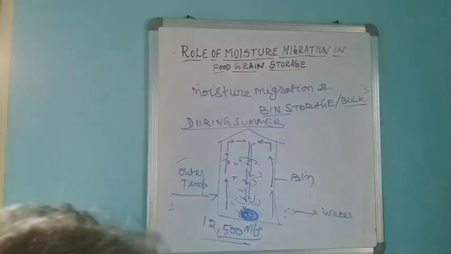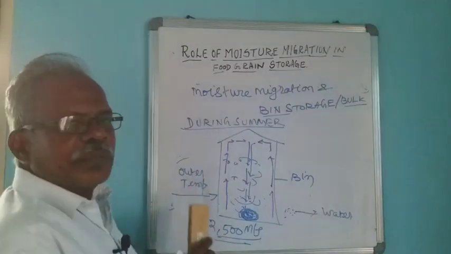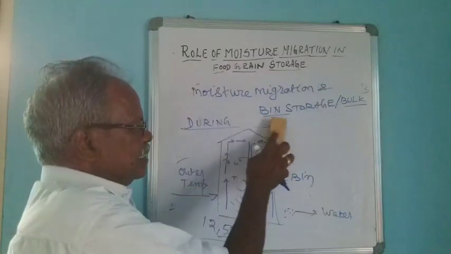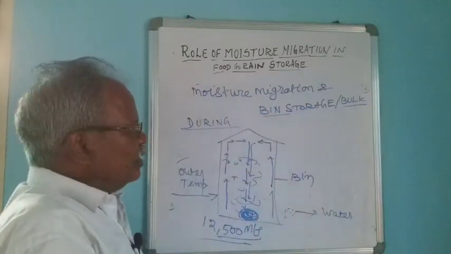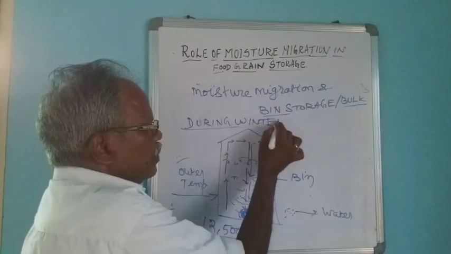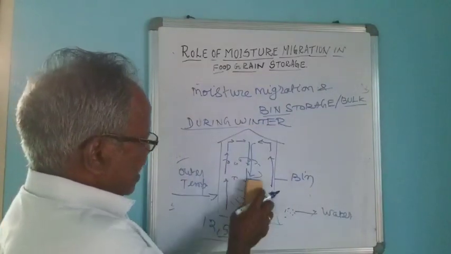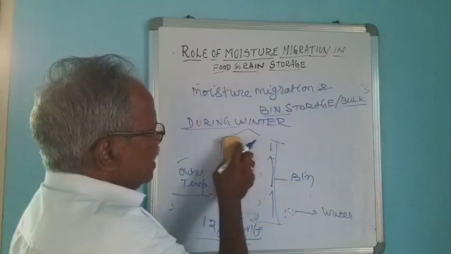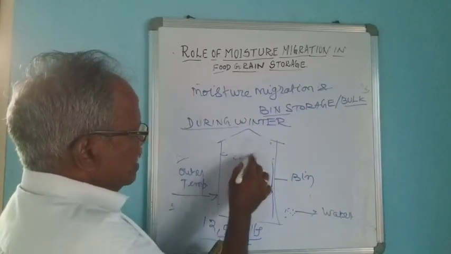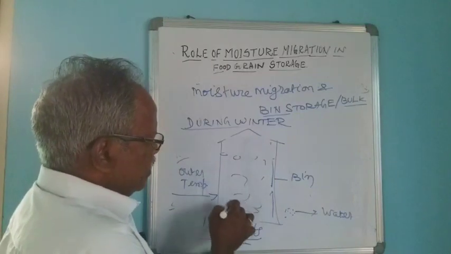Suppose it is winter, that we will see. This is during summer, so it is vice versa during winter. In the winter season, what happens? The same thing, when we are storing wheat.